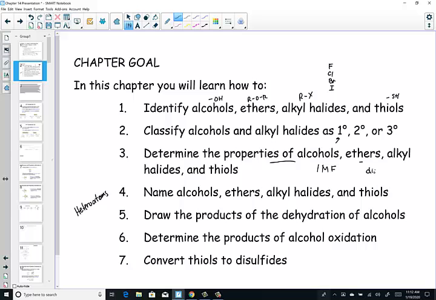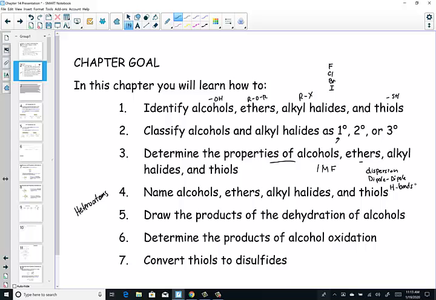Do they exhibit dispersion forces? All molecules exhibit dispersion, those temporarily induced dipoles. If it is polar, we know that they will have dipole-dipole interactions, which is really a stronger intermolecular attraction. And then some of these will actually have the third and most powerful intermolecular attraction called a hydrogen bond.